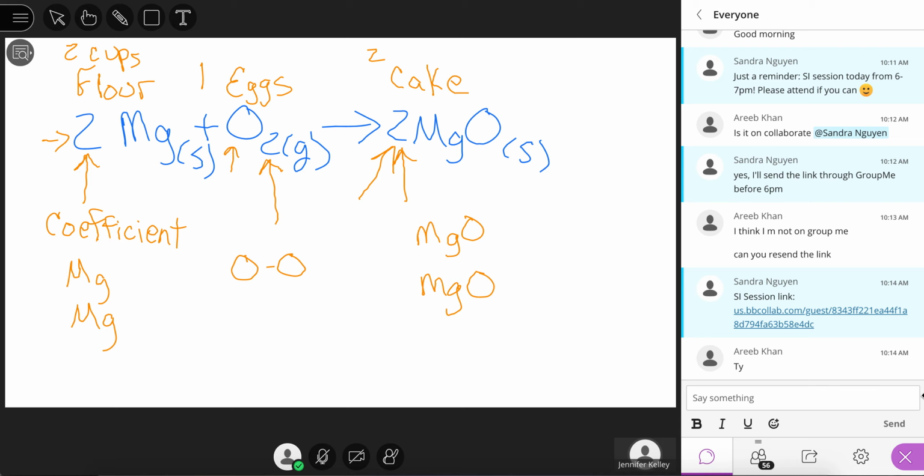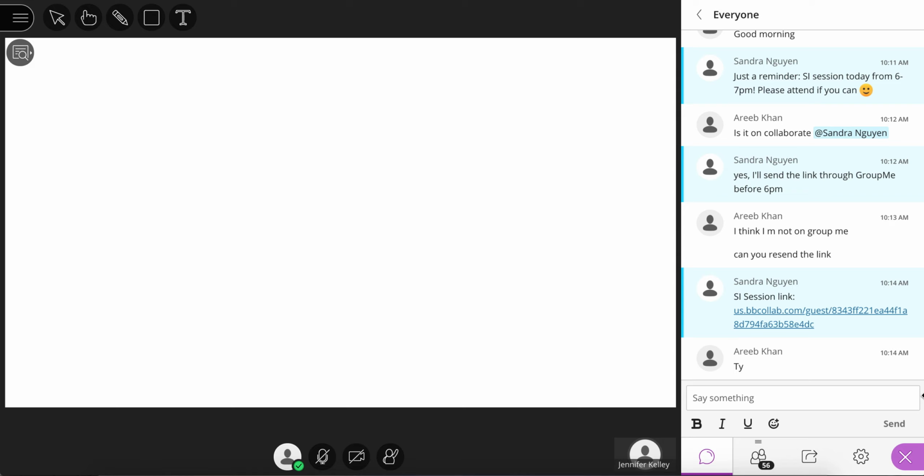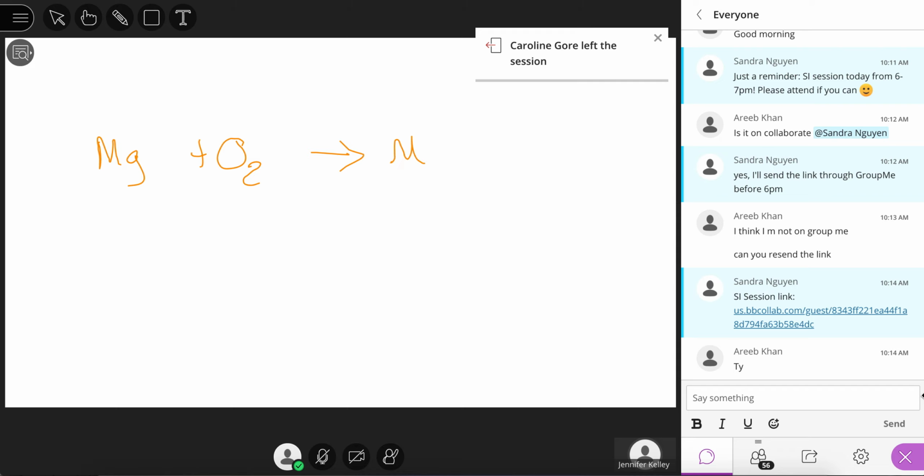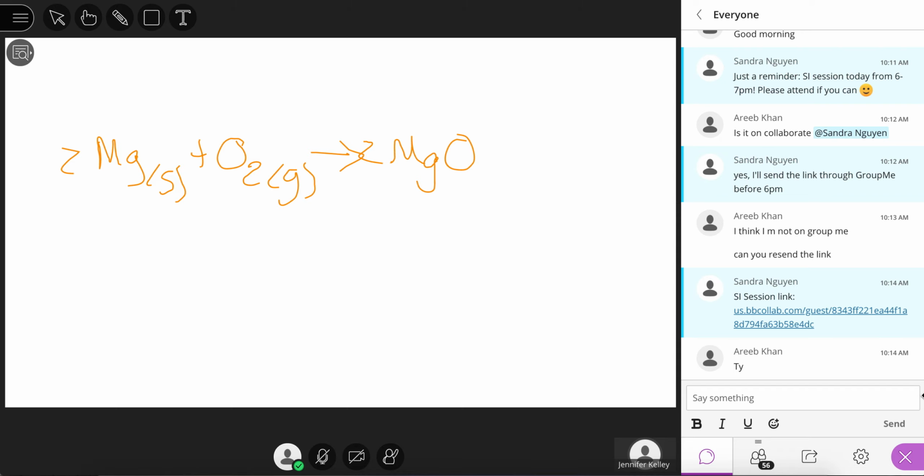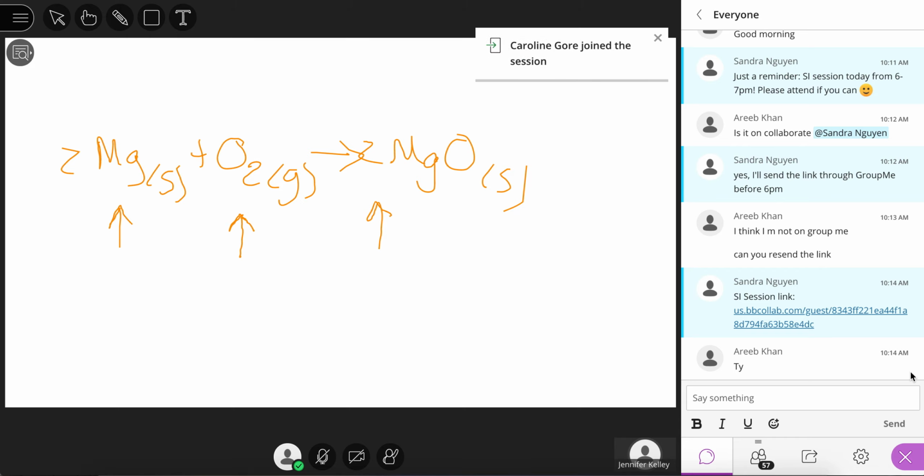Now, we can think of it a couple of different ways. Put that back. All right. We can say that if you have 2 molecules of magnesium, or not 2 molecules, 2 atoms of magnesium and 1 molecule of O2 and 2 formula units of MgO, then that would be what's required and what's made.